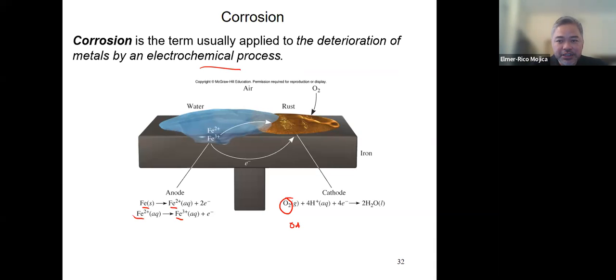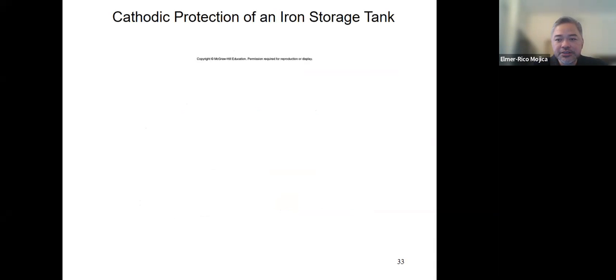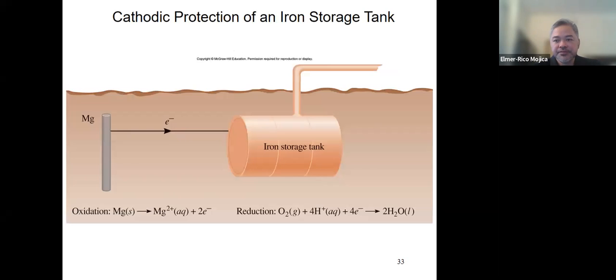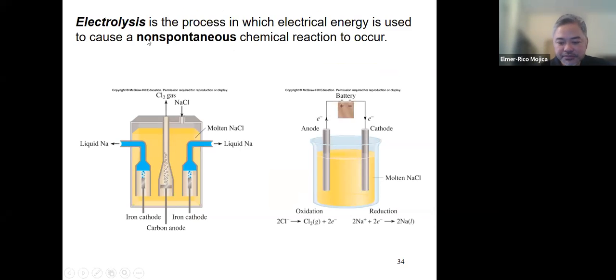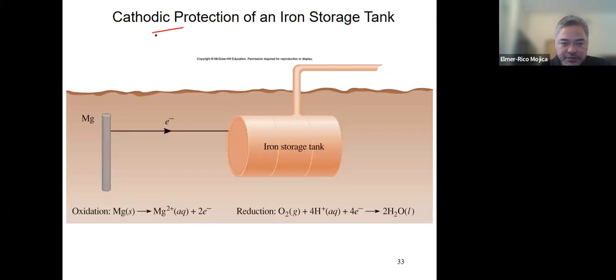Now, they have a way to prolong the lifetime of metal. So usually one thing that they do is the so-called cathodic protection. Or my term that I would use there is the sacrificial metal.